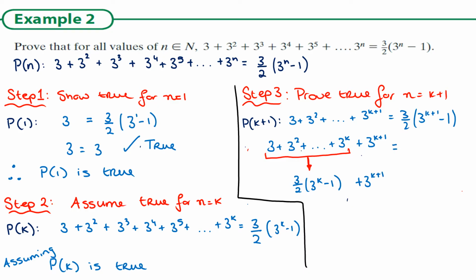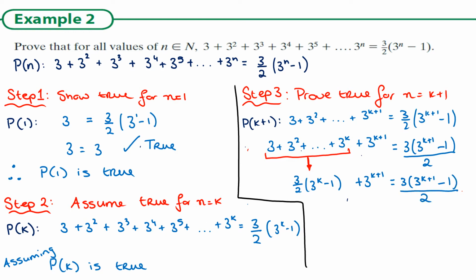I'm going to just clean this up a little bit. 3 to the power of k plus 1 minus 1 all over 2. And I want to show that that is true. I'm not going to do anything with this for a second.